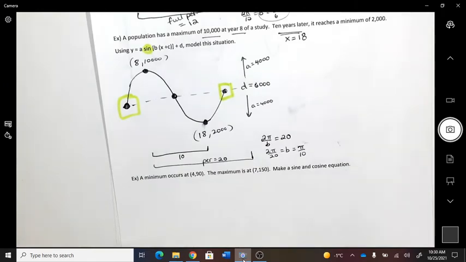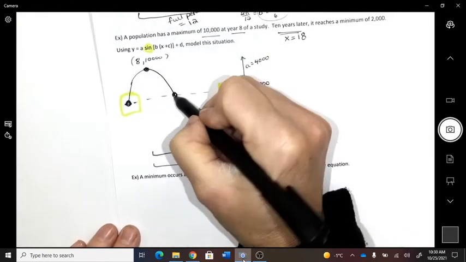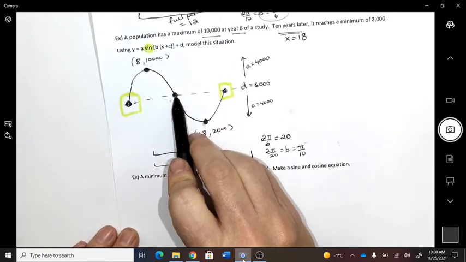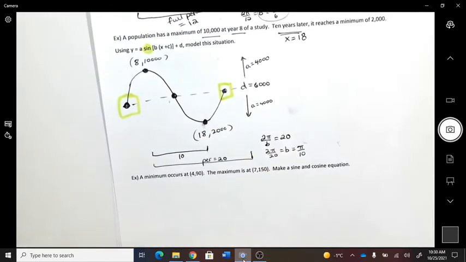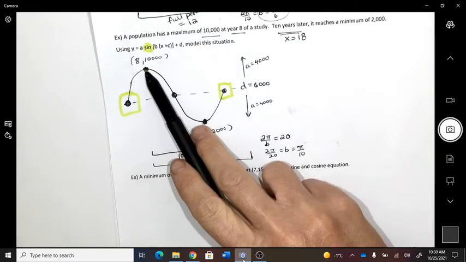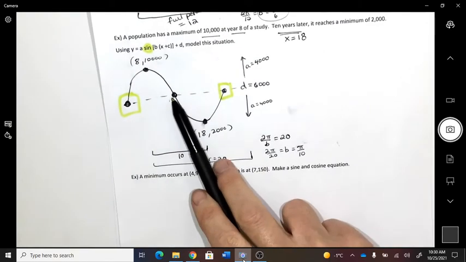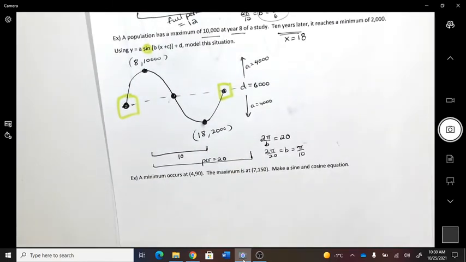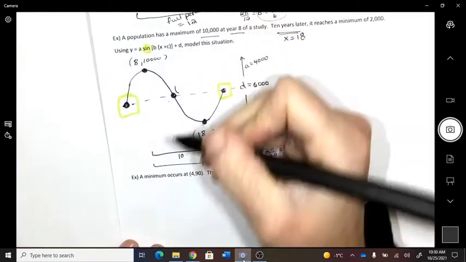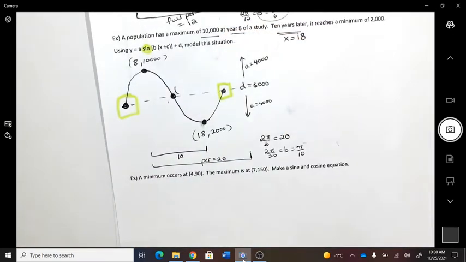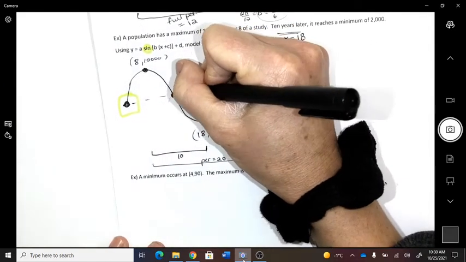Okay, why don't I ask you right here, what is the x coordinate here? Would anybody be able to figure out how to get that? 8, 18, what would this be as an x value? Would it be right in the middle? What's right in the middle? 13?